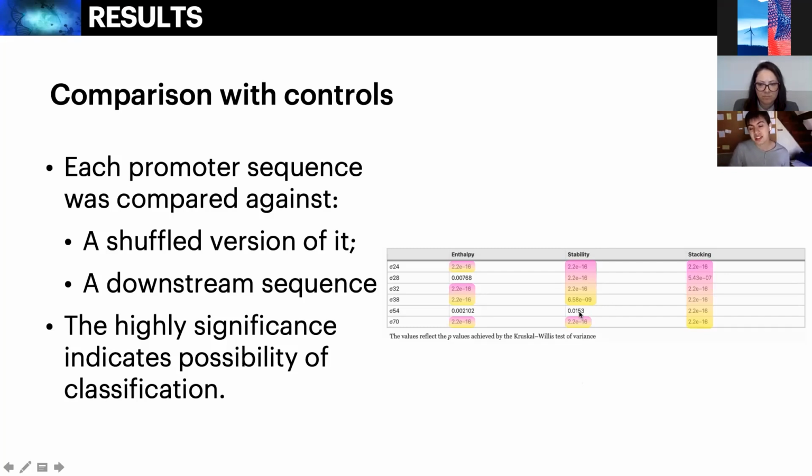Even the ones that are not highlighted presented an interesting level of significance between the promoters and the controls. So that's a good way for us to start designing a predictive tool that tries to identify promoter sequences based on their physical attributes.